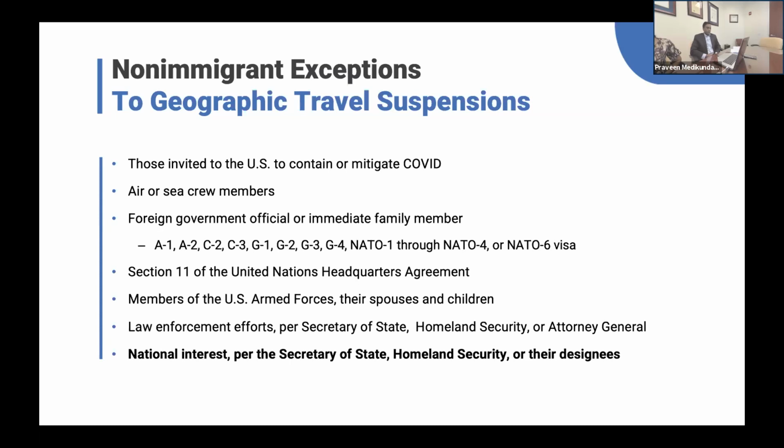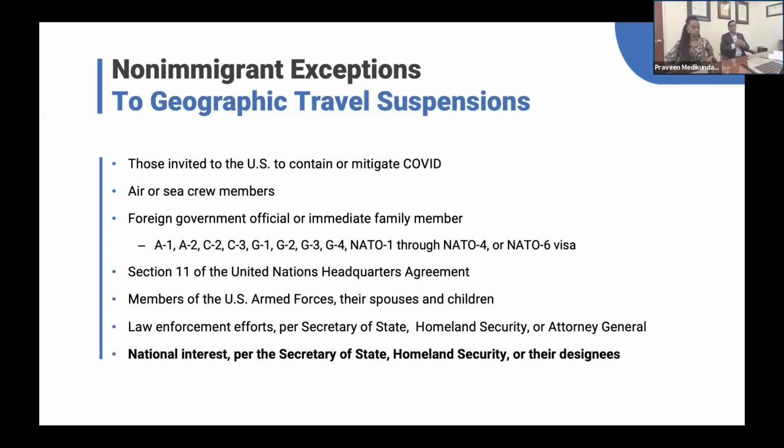In the same way, air or sea crew members, if someone is flying in, or the crew members of a ship, are allowed to travel to the US. And of course, foreign government officials and immediate family members on any of these visa categories, A1, A2, C2, C3, G1, G2, are also allowed to travel to the US.